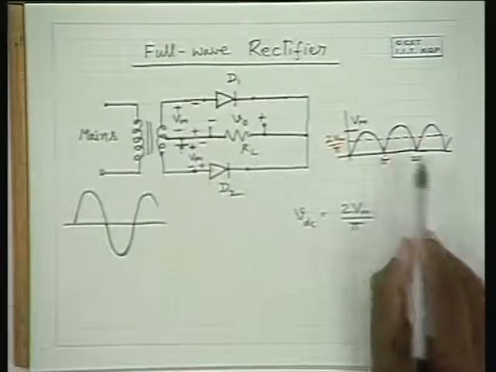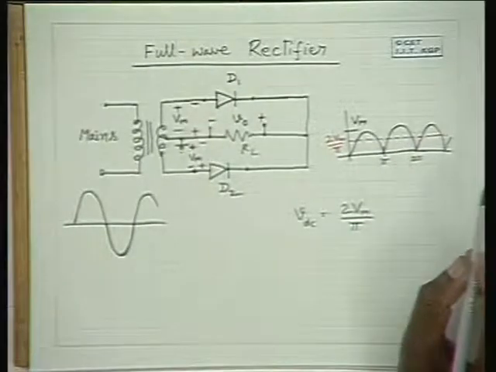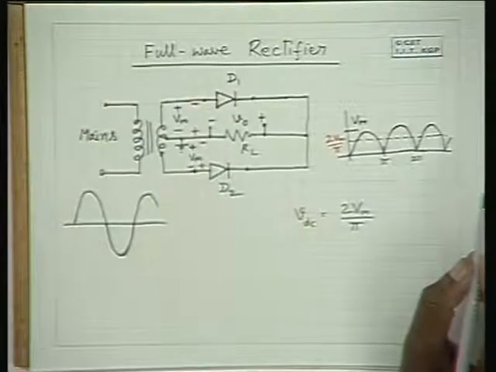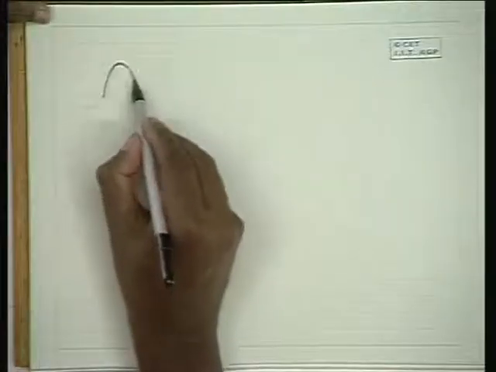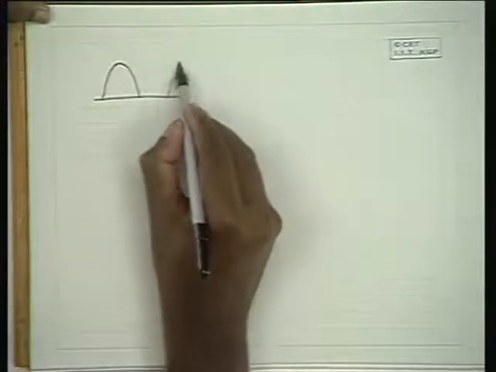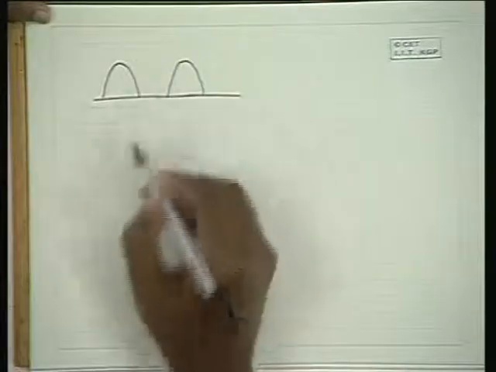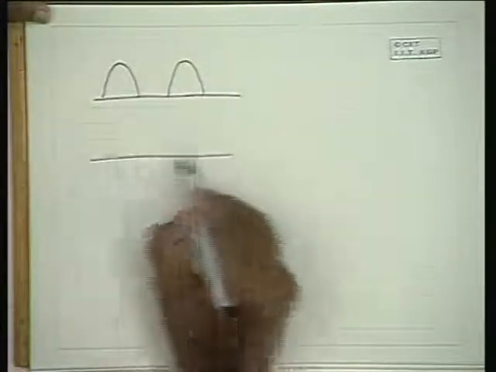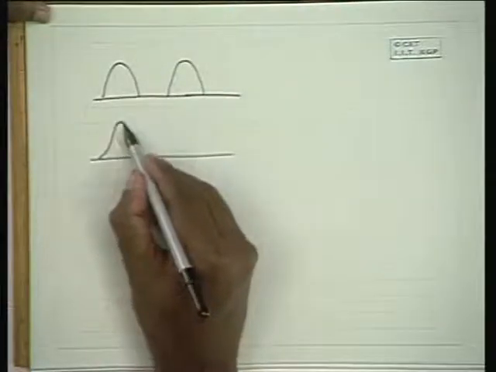And what about the RMS component? RMS component is determined by squaring the waveform. Let me repeat. In the case of a half wave rectified waveform, so this is the waveform, we have to square it first. When you square it, the waveform would be like this.